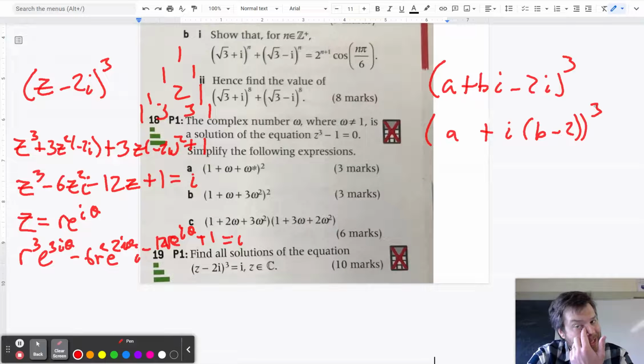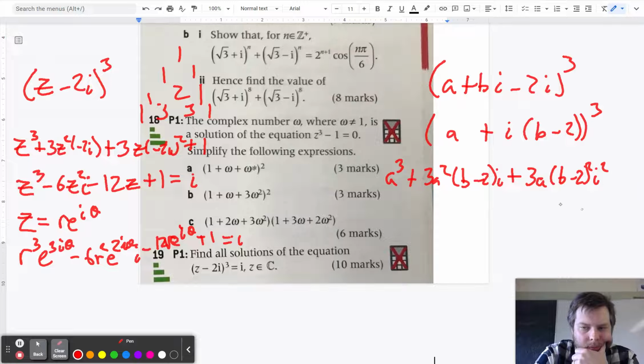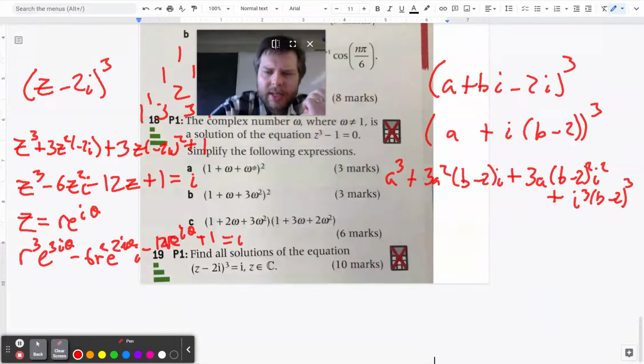You could try this approach: a cubed plus 3a squared (b minus 2)i plus 3a (b minus 2) squared i squared plus i cubed (b minus 2) to the third. You might be able to get through this. I'm sure at this point most people have stopped watching.